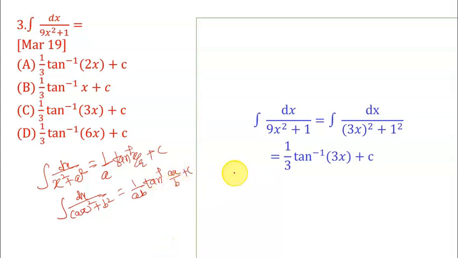Now here the value of a is 3 and the value of b is 1. Therefore 3 into 1 is nothing but 3. Therefore 1 by 3 tan inverse of 3x plus c, and hence option C is correct.